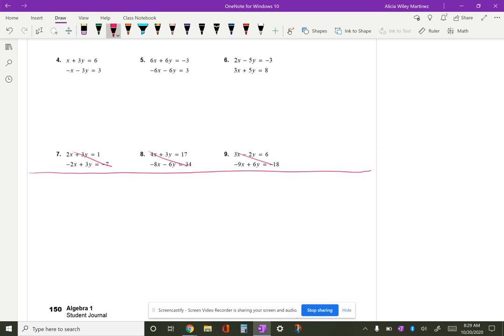So basically what happens if the variables cancel out, there are 2 things that can happen.